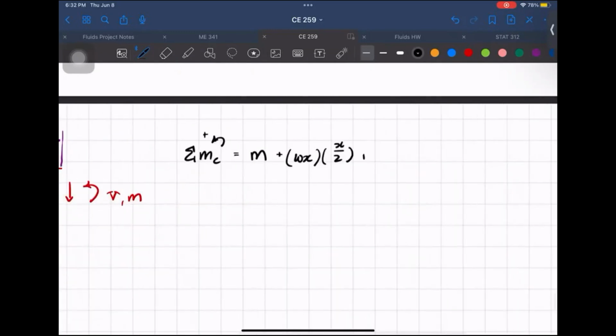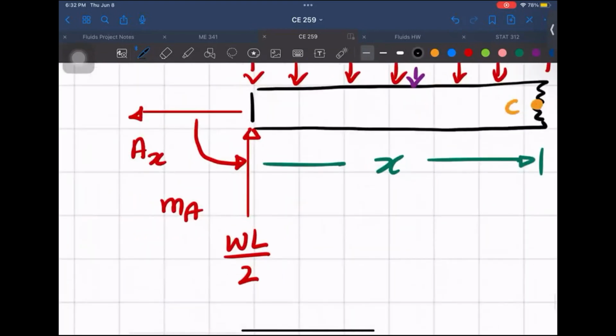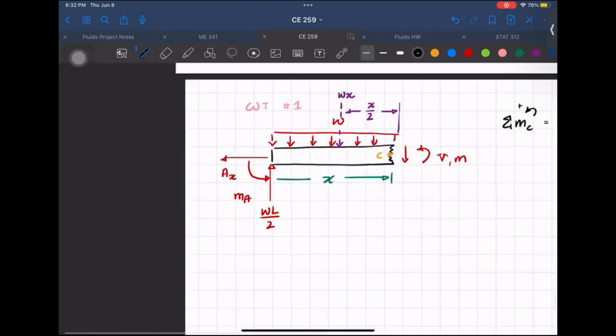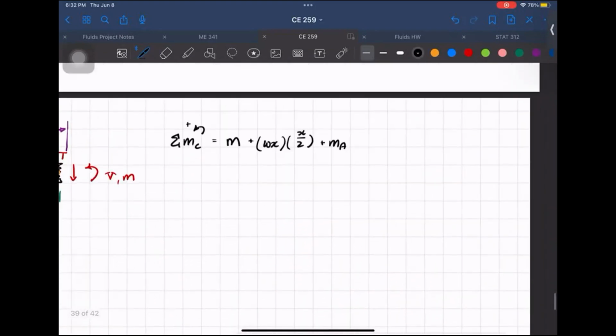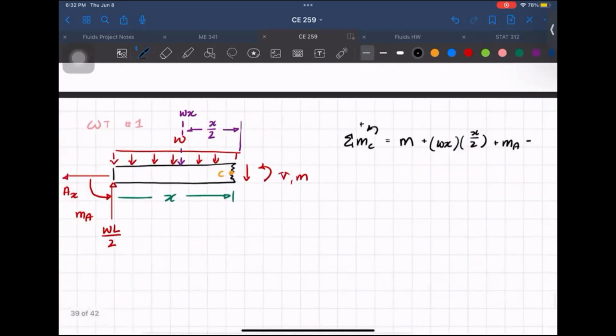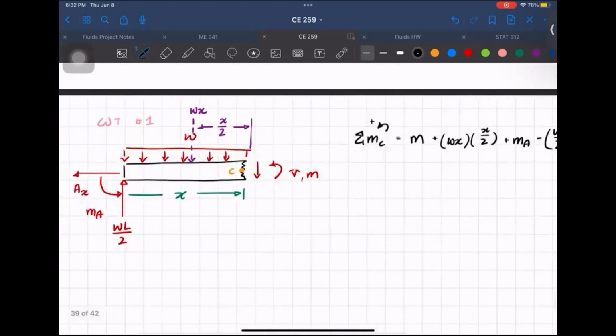Plus MA, the moment caused at A by the fixed support, minus WL over 2 times the distance from C, which is x.